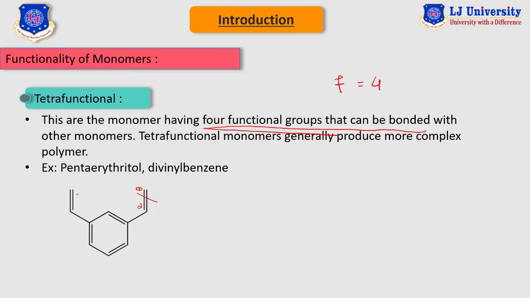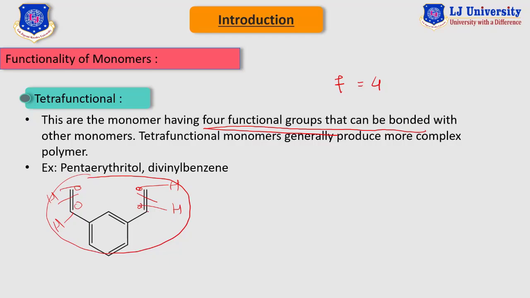Similarly if I cut this bond, two free radicals will form, one here and one more here. So this free radical can react with one more group, and this with another one, and this with another one, and by now we have 4 functionality, right? 4 bonds this particular divinyl benzene can react with.